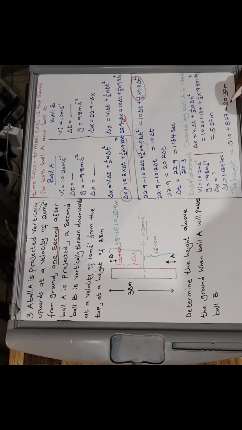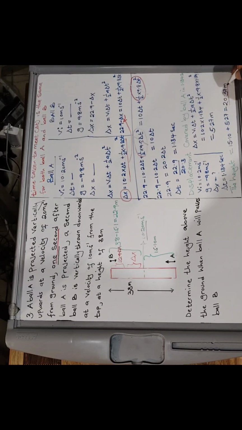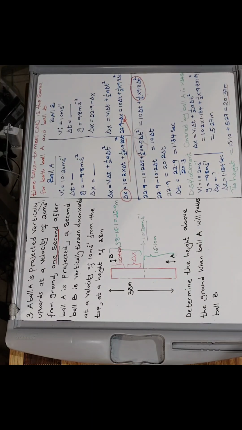Yes, so after adding the two heights, what we get is 20.37 meters. So the two balls passed each other at the height of 20.37 meters.